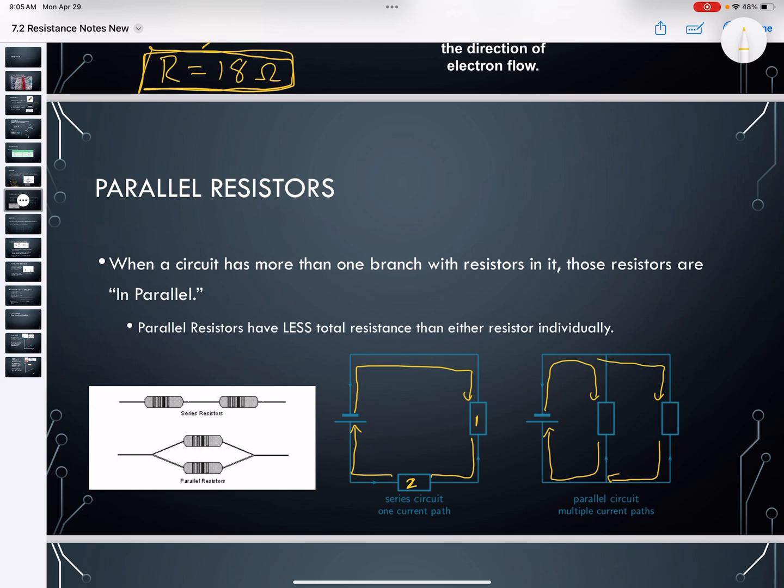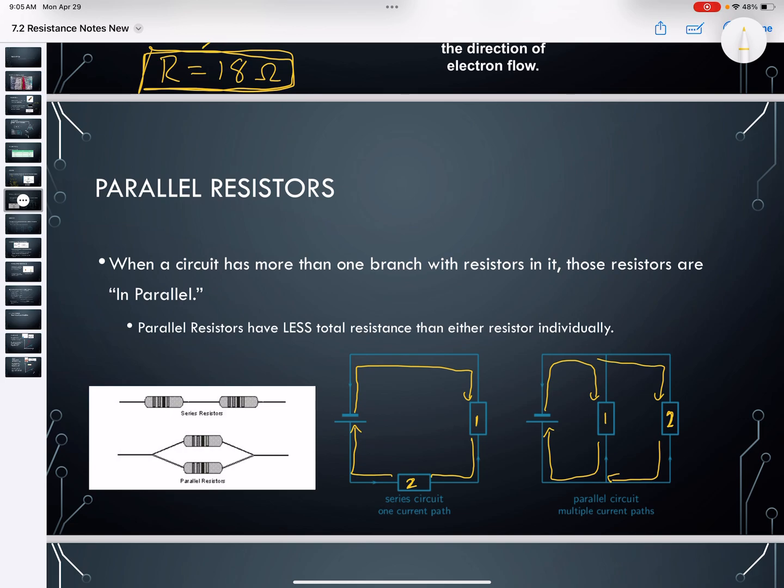Now pretend instead that I have 2 different checkouts open and that there's nobody at the door. So I can choose to go to this one, or I can choose to go to this one, but there's no way for me to have to go through both. Well, that's going to cut down on the amount of time it takes for me to leave the store. It's going to cut down on my total amount of resistance to me leaving the store.